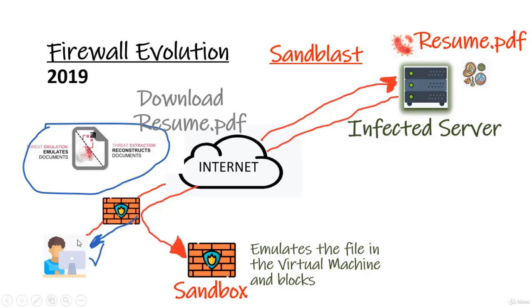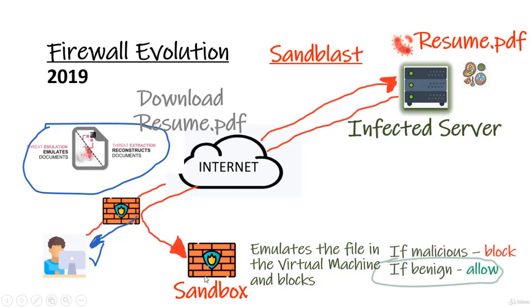If your client wants to get the original file, he just clicks get original in the link in that file, and if the file is not malicious in the sandbox emulation, he's getting it. If it's benign, allow.